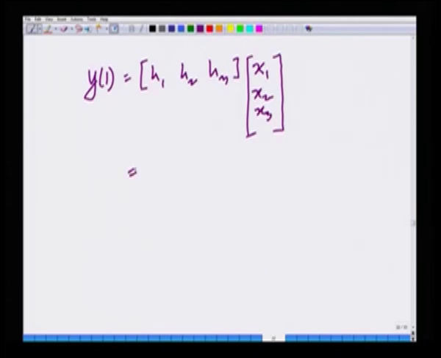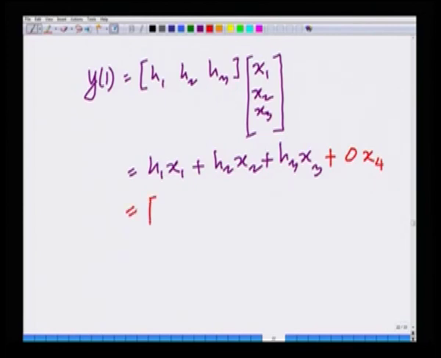In fact, I can write this as h1 x1 plus h2 x2 plus h3 x3 plus an additional 0 times x4.